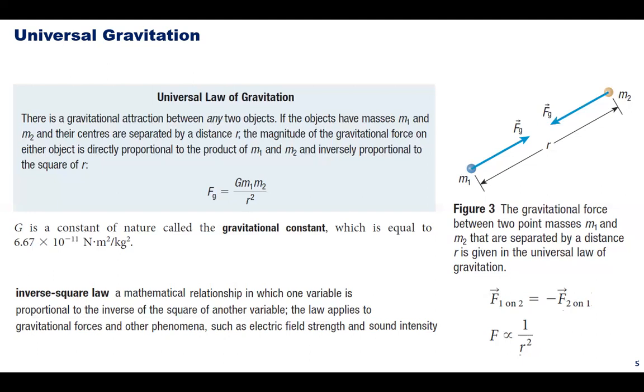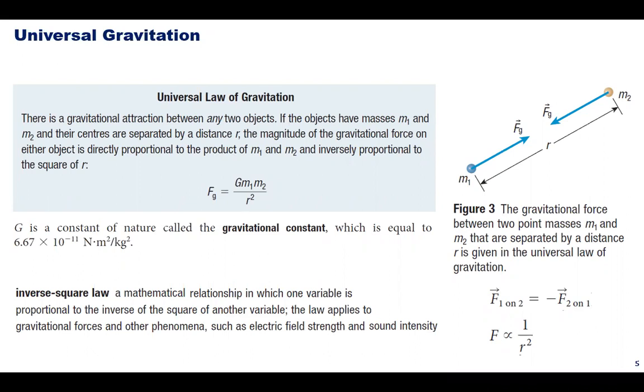If the objects have masses m1 and m2, and their centers are separated by a distance r, the magnitude of the gravitational force on either object is directly proportional to the product of m1 and m2, and inversely proportional to the square of r, which is shown by this formula here.